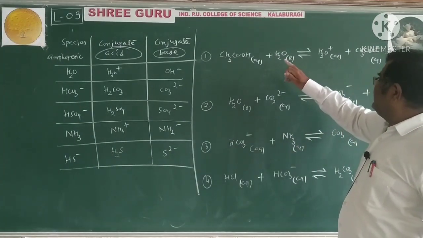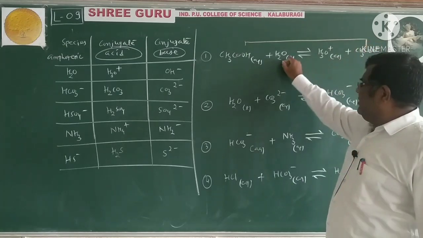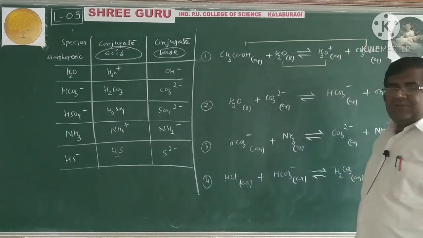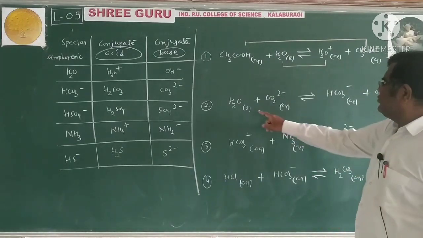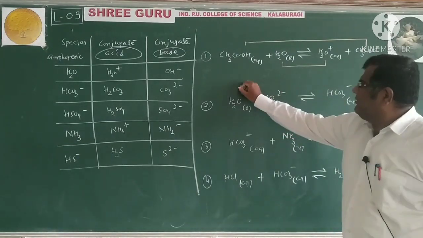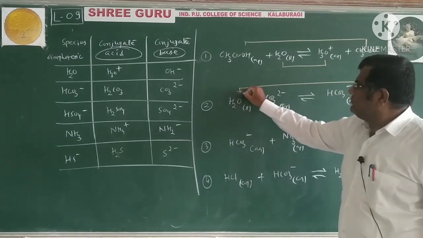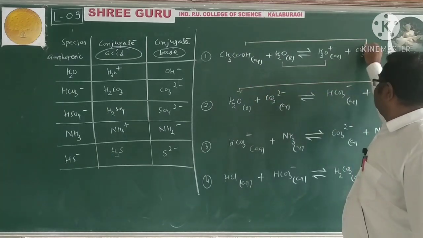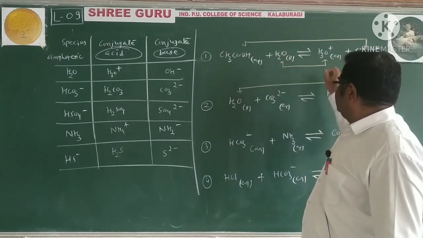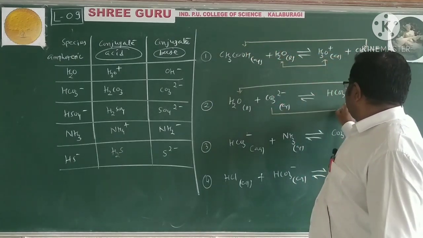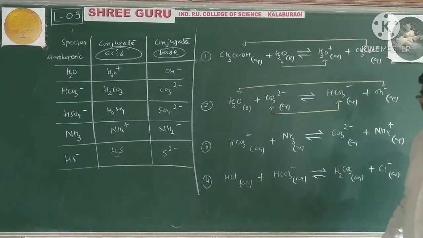So if you consider this, we have to connect these two. And why connect these two? Because there is a difference of an H plus ion between them. H2O is to be connected with the OH negative ion. CO3 minus 2 is to be connected with the HCO3 negative ion.